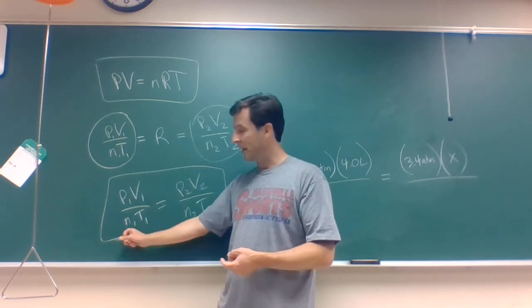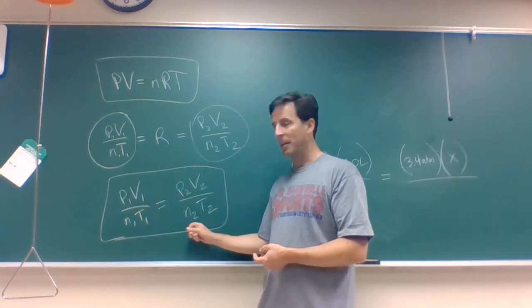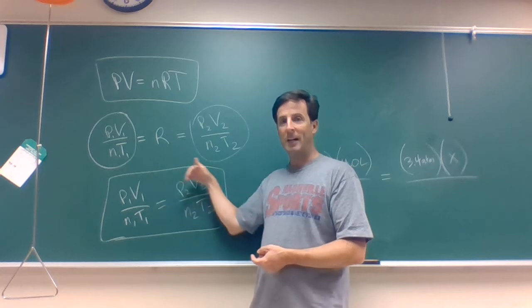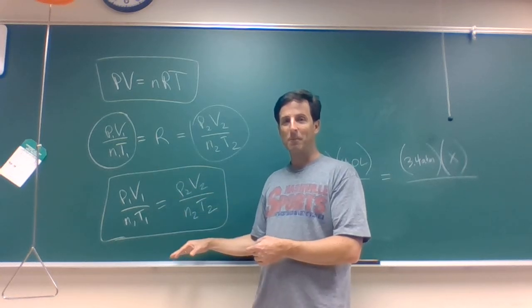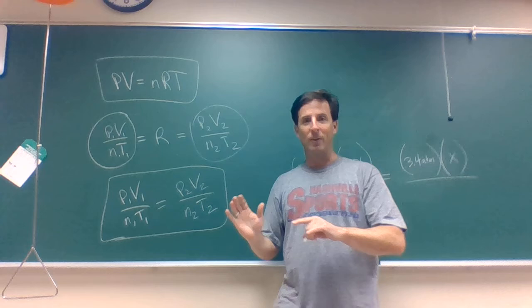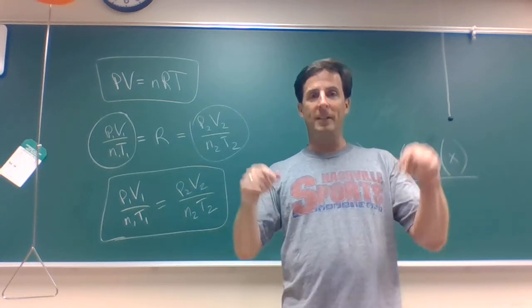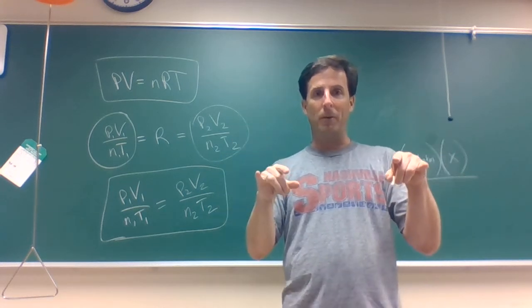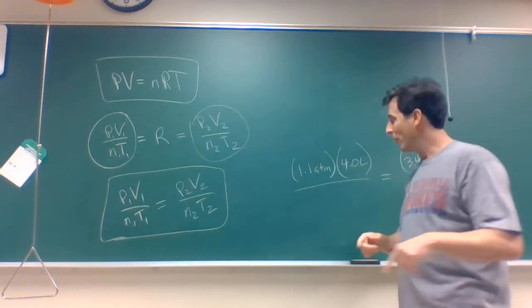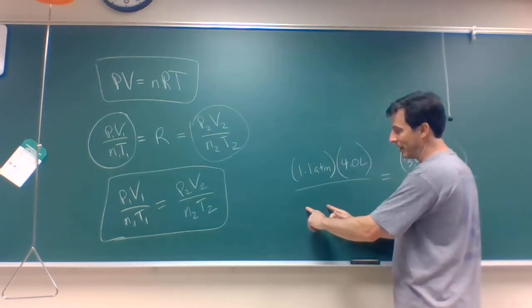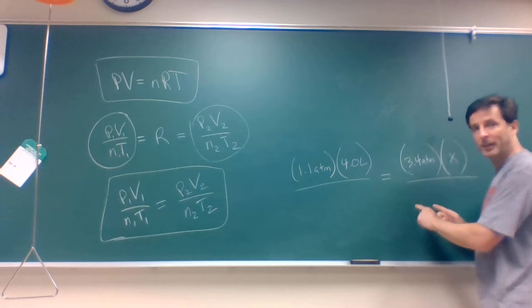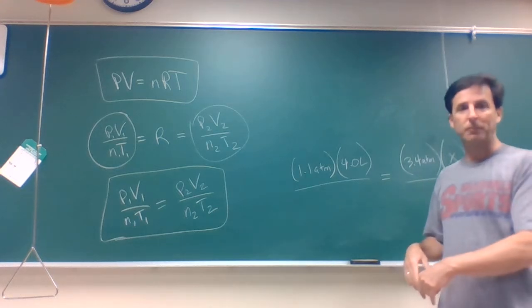If N1 is 10 moles and N2 is 10 moles, if I'm dividing both sides of the equation by 10, I can cancel those out and just get rid of them in the first place. There's no need to divide both sides of the equation by the same number. So algebraically, I cancel it out, which means my N1 that should be right here and my N2 that should be right here disappear from the equation.